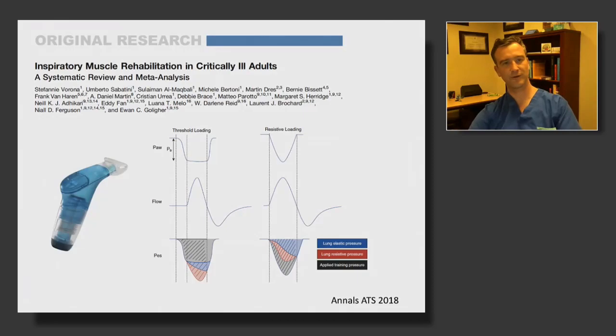There's a very nice review on inspiratory muscle rehabilitation that was published in Critical Care just a couple of months ago, and we published a systematic review a couple of years ago, which demonstrated that the routine use of inspiratory muscle training can actually increase inspiratory muscle strength and may potentially accelerate liberation from the ventilator. So these are very useful techniques that are very easy to apply at the bedside.